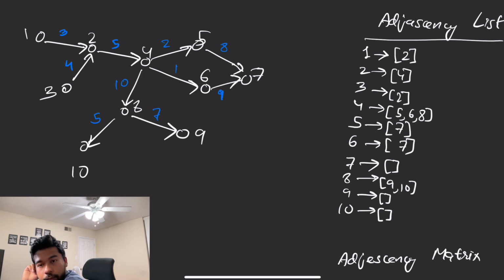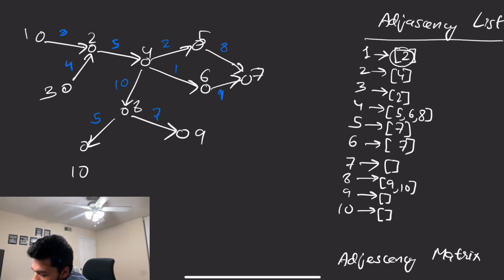And you could use this for other cases as well, but now that we have a weighted graph, how would we represent such a weighted graph in an adjacency list? Currently, if you look at the one we have right now, one just has two in it.